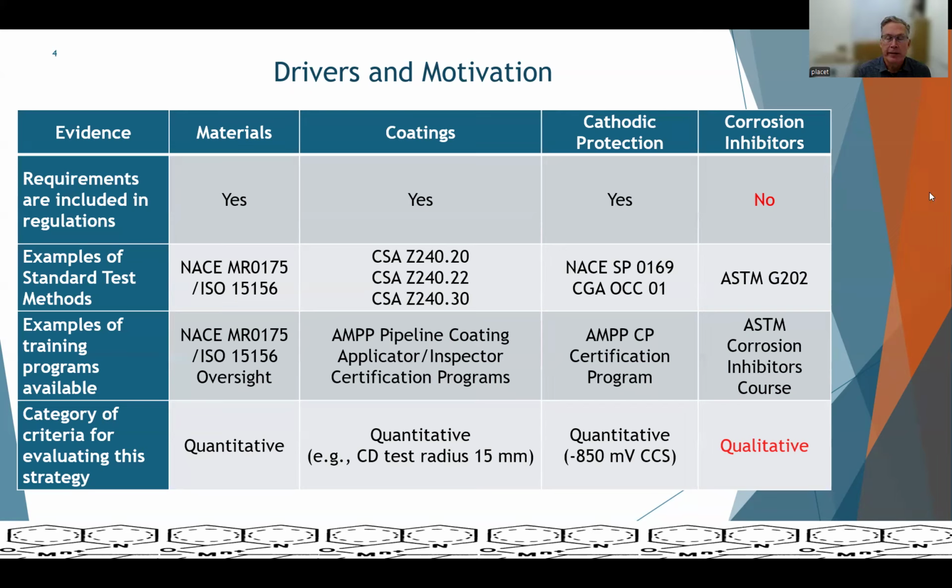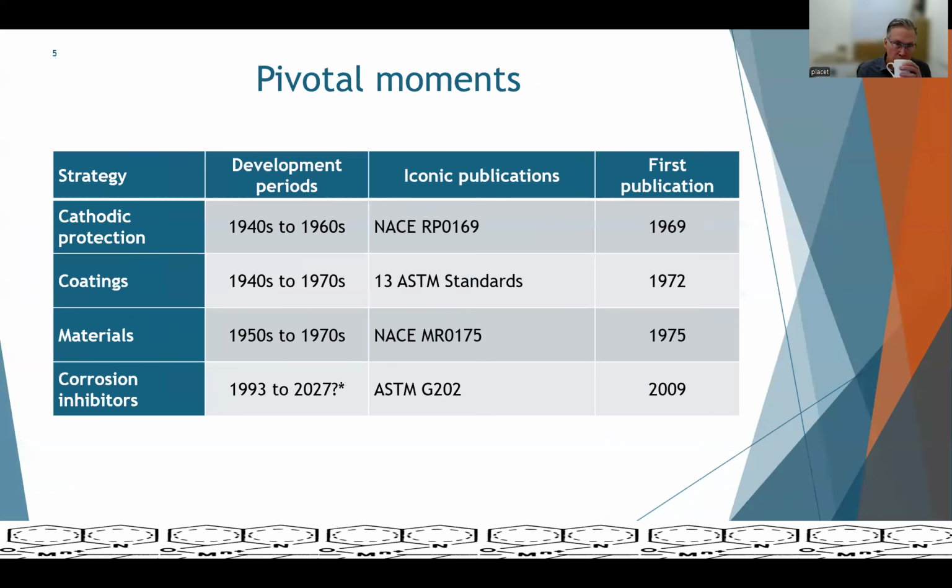This is because this test method was investigated, consensus found it was a good test, and it was repeatable and reproducible. There is an ASTM training course on inhibitors, but the criteria for evaluating corrosion inhibitors is still a qualitative consideration left up to individual operators. This is what we're hoping to address. Next slide, please.